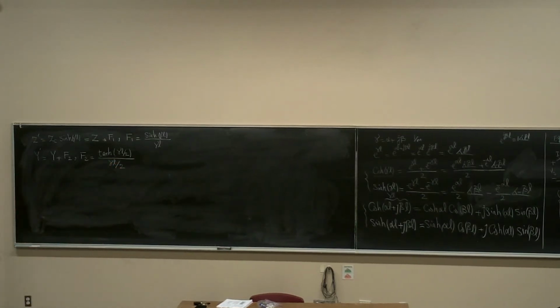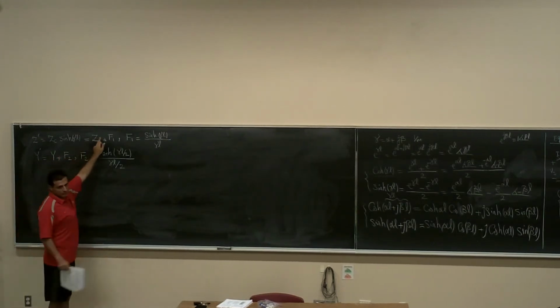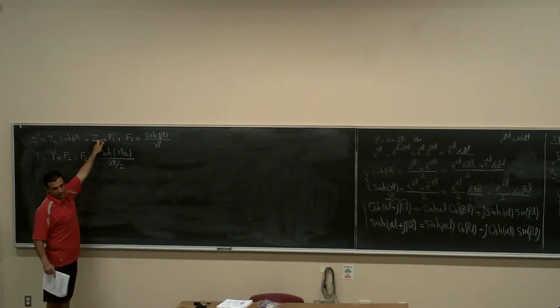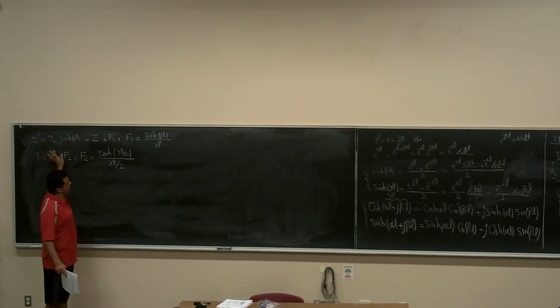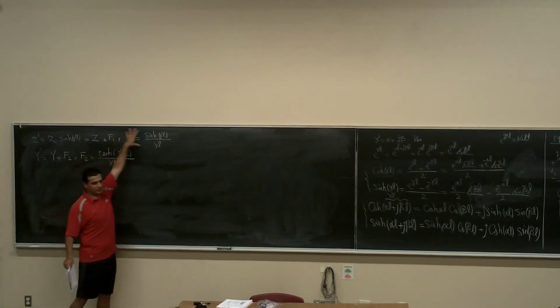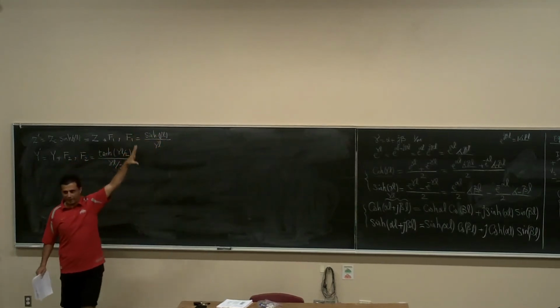So basically you can see the relation: these are from the medium line. You can use the medium line values, but you have to correct them by these factors.